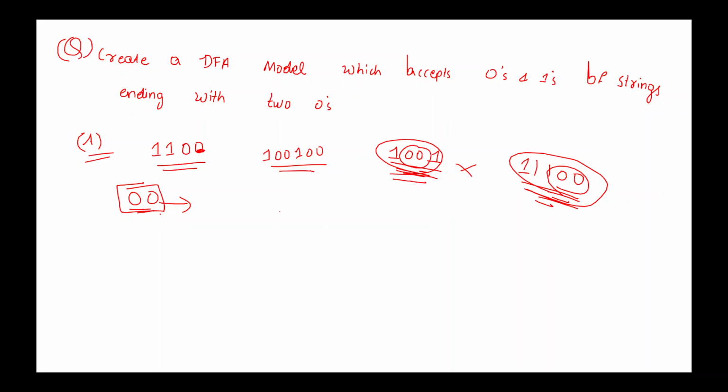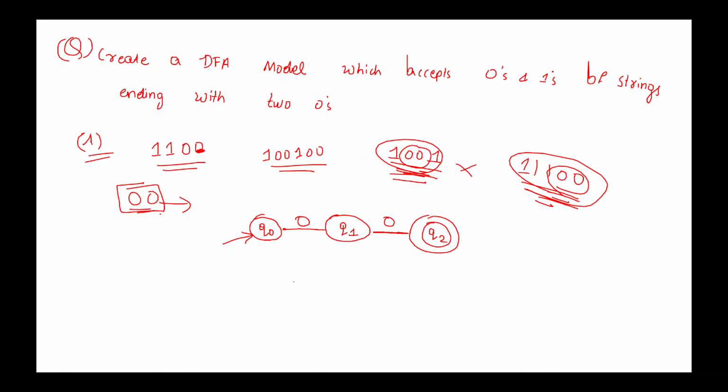Now, there are basically two zeros, right? So I am going to write 0 and 0. This will be my starting state, this will be my Q1 state, and this is my final state.